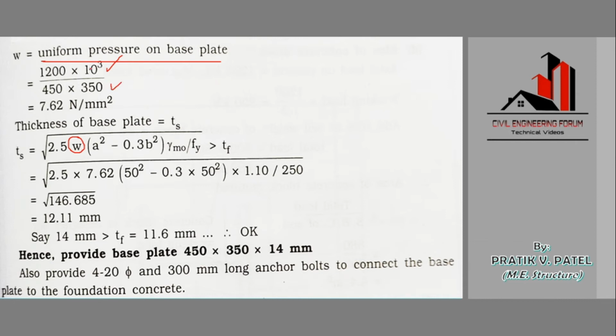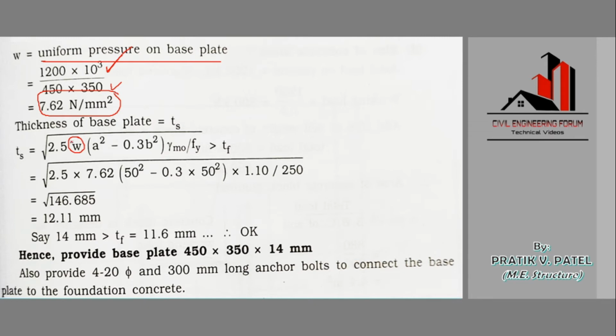That is the pressure, that is the overall factored load divided by the area of the base plate, that is the gross area of the base plate, 450 cross 350, what we just found. The load is given in the question itself, but we just converted it into Newton. So our answer is W is equal to 7.62 Newton per mm square, that is the uniform pressure on the base plate.